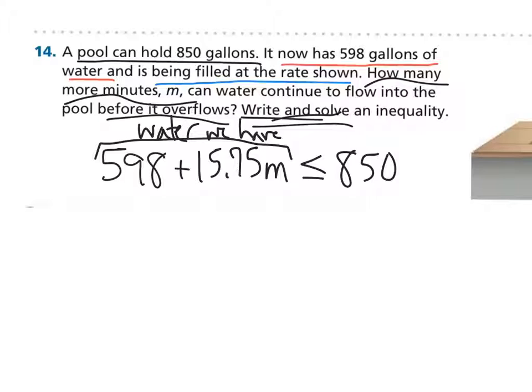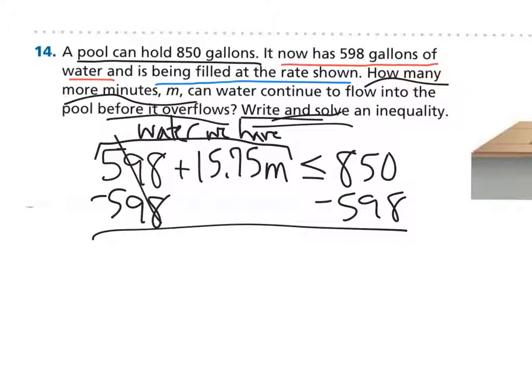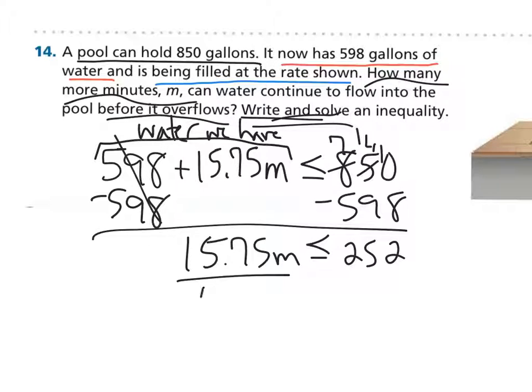And then once we've written that, to solve that, we need to get rid of the 598 so we can subtract that on both sides. They're multiplying so we can divide.